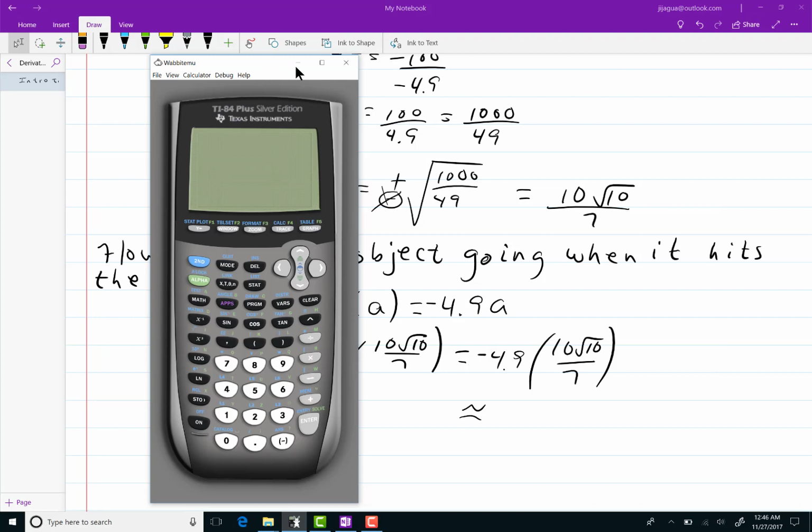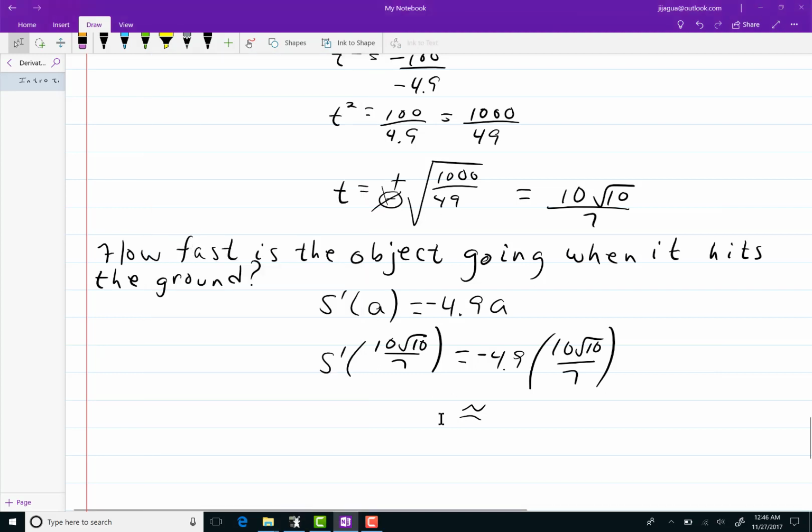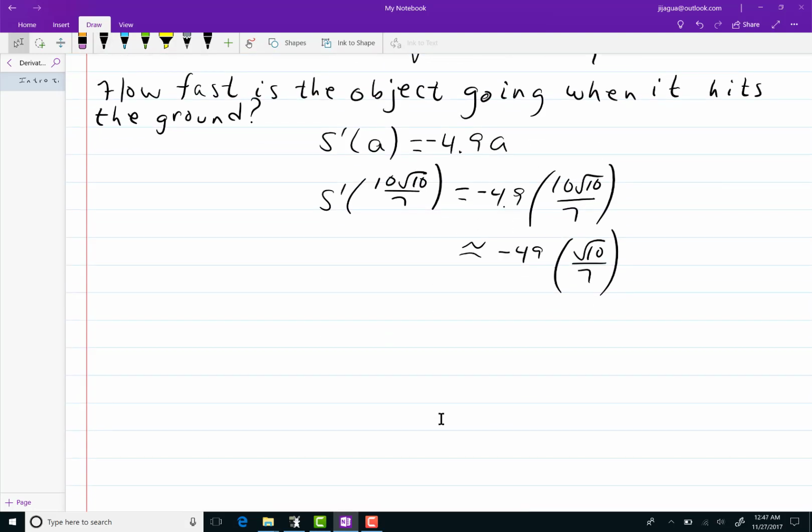Hey, I can see something interesting here I didn't think about. 10 times 4.9 makes this negative 49 times radical 10 over 7. I'm just playing around algebraically right now. That's the exact answer. I'm not going to make it approximate. Let me cancel here and here.